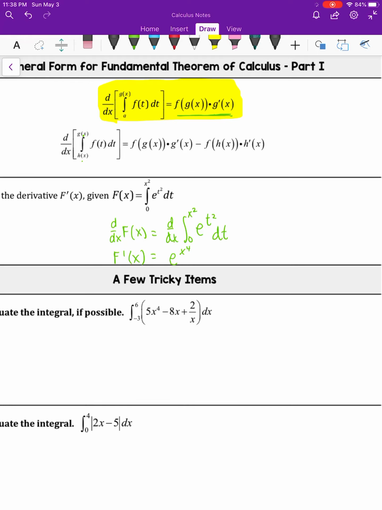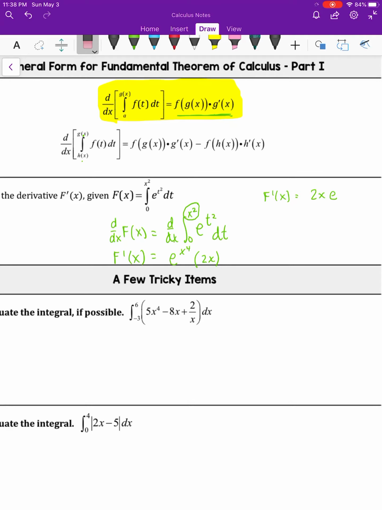So derivative of the integral. What I do is I put my x squared in wherever my t is. So this is going to give me x squared squared, which is x to the 4th, 2 times 2. And then times the derivative of x squared, because this did not have a derivative of 1.